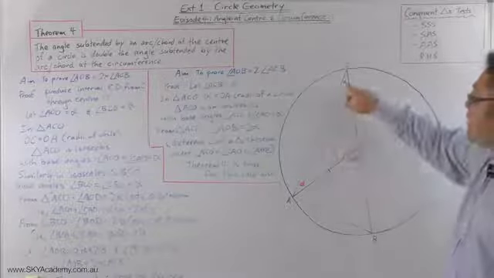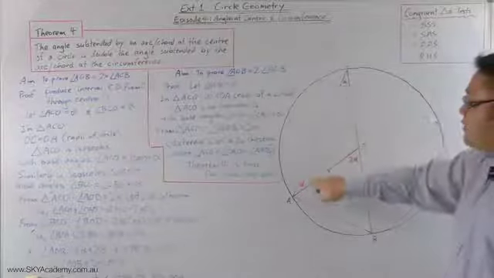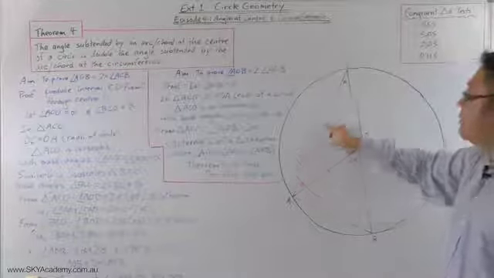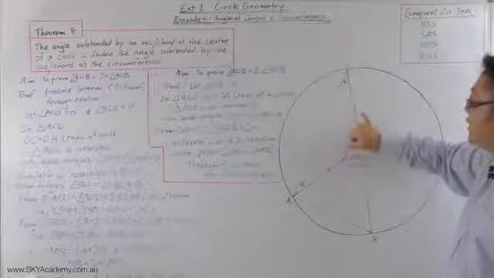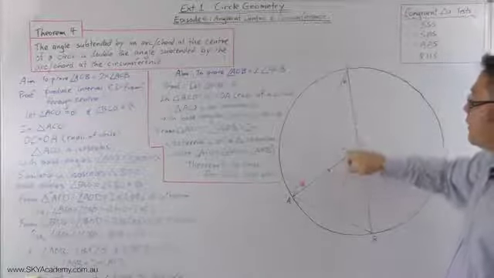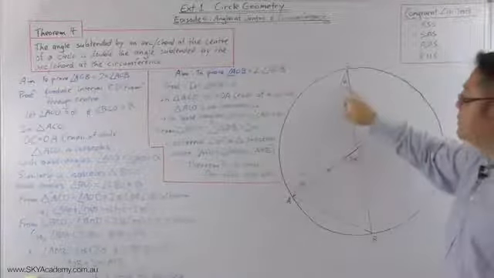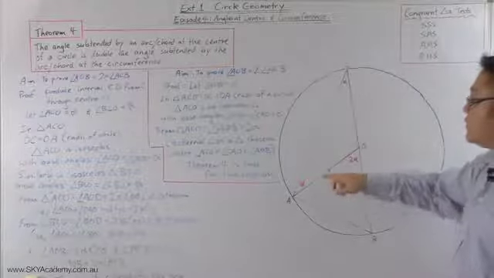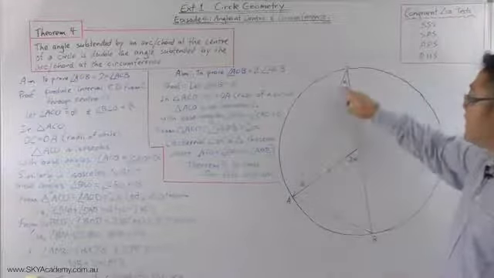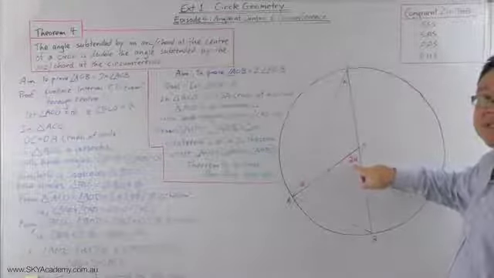Basically, we're going to let that angle equal alpha, which means that the other angle is also going to be equal to alpha, because you've got an isosceles triangle where the radii of the circle are the two equal sides, which means that the base angles are both equal. They're both equal to alpha. Using the external angle of a triangle theorem, that alpha there and that alpha there add up to give you 2 alpha over here. Does that make sense?